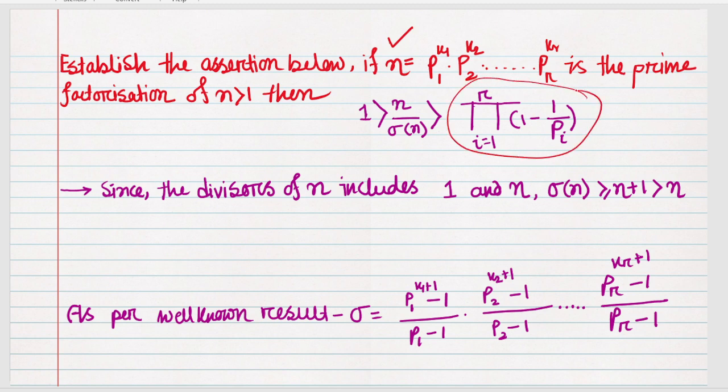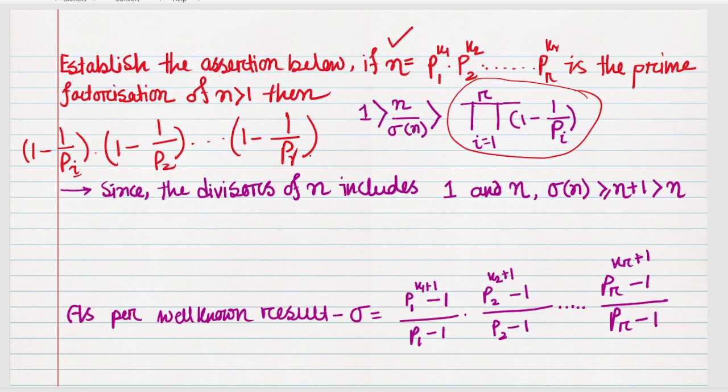As we studied earlier, this means the product over i from 1 to r of 1 minus 1 by pi. That is, 1 minus 1 by p1, times 1 minus 1 by p2, followed by 1 minus 1 by pr. This is what it means.